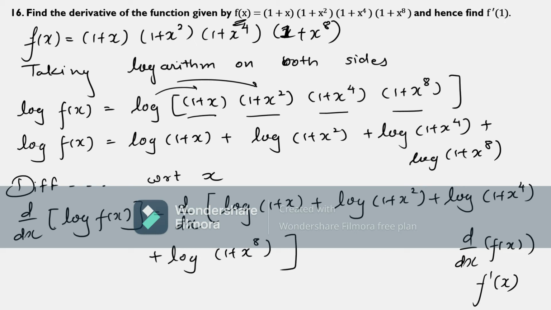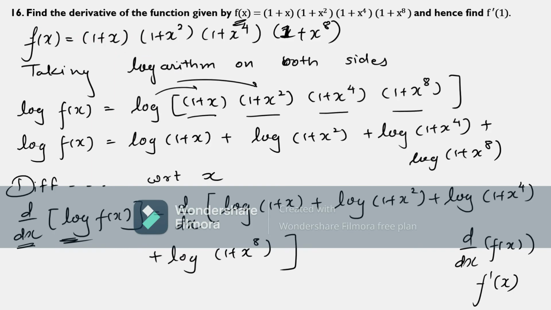As we can see, on the left hand side, log of f(x) on differentiation gives 1 by f(x). First thing, 1 by f(x), since we have to apply the chain rule, so again differentiation of f(x) needs to be done. That is equal to, now you can see we can apply separately. I'm not writing the separate thing.